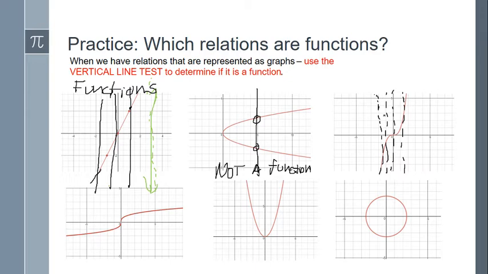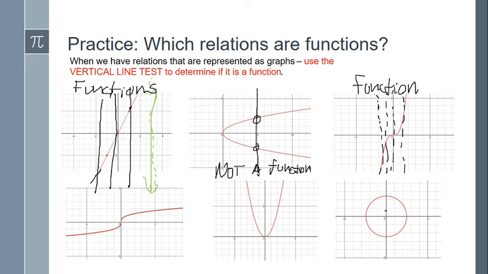Any vertical line I draw is only going to touch this graph in one spot. Even though it starts getting pretty steep at the tail ends of this graph, it's not perfectly vertical. It does kind of go out. So any vertical line I draw is still only going to touch it in one spot. That's why this is a function. It passes the vertical line test.